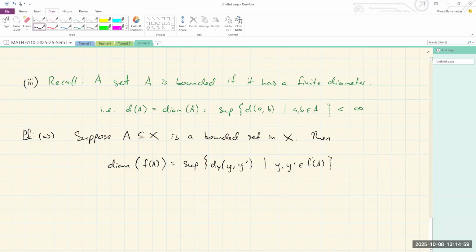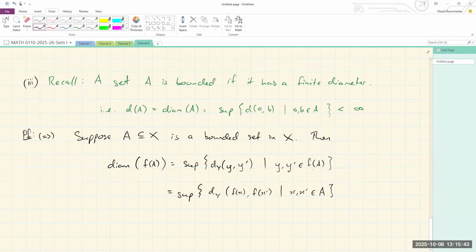Now I know that f is a bijective isometry. Okay, f is a bijective isometry, which means that for these two points, y and y prime, remember f is bijective, so y must have been equal to f of x for some x, and y prime must have been equal to f of x prime for some x prime, where x and x prime belong to A, right?